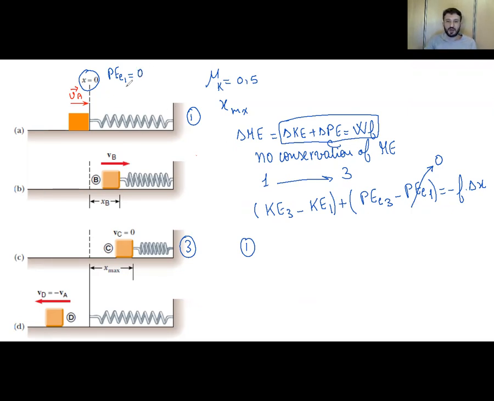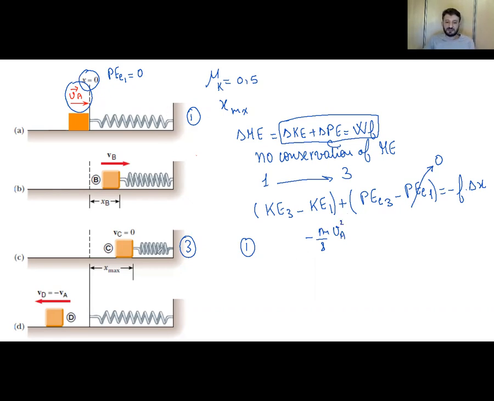And at state 1 we have a velocity of the object, so we have a kinetic energy equal to half m VA squared.